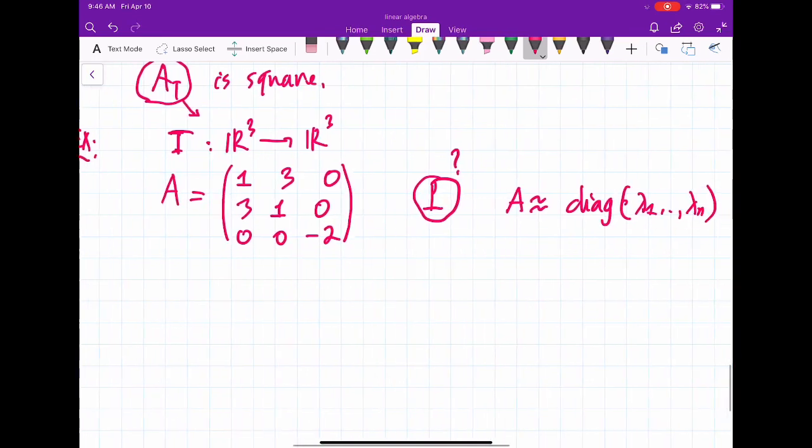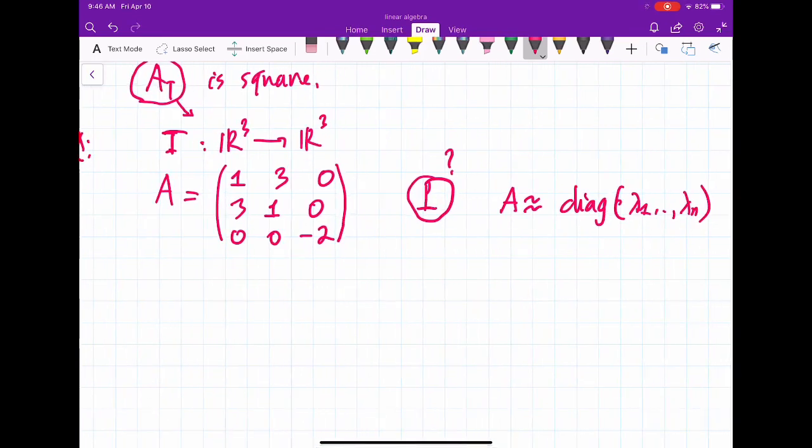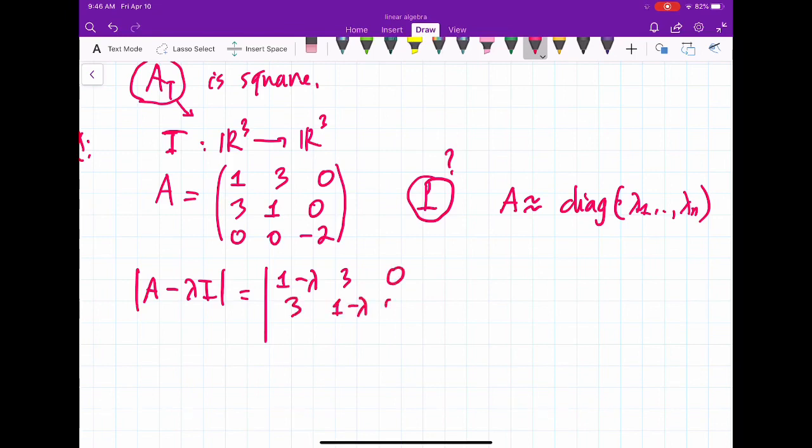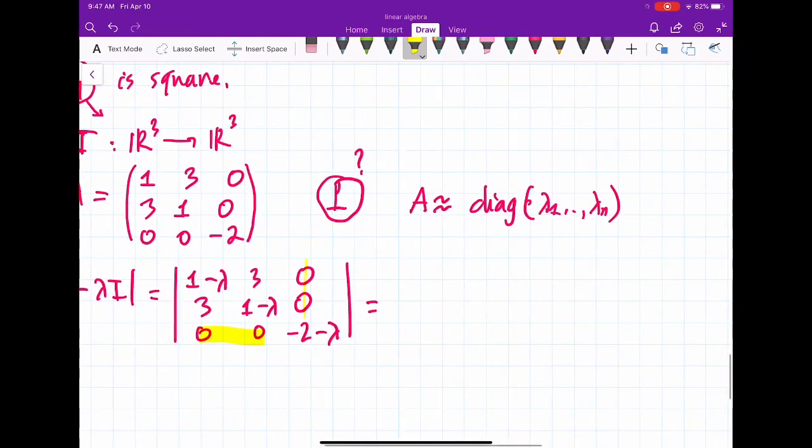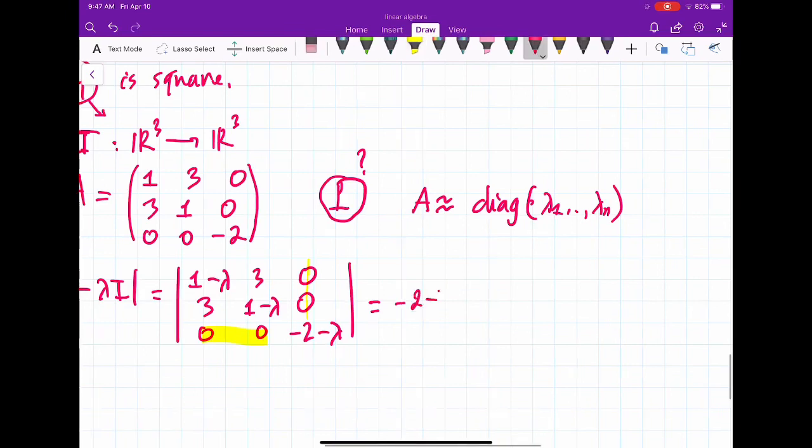All right, so let's find eigenvalues, eigenvectors. First, I need to solve determinant of A minus lambda I equal to 0. That is 1 minus lambda, 3, 0, 3, 1 minus lambda, 0, 0, 0, negative 2 minus lambda, right? We are good because we have 2 zeros here. So this is equal to (-2 minus lambda) times determinant 1 minus lambda, 3, 3, 1 minus lambda.